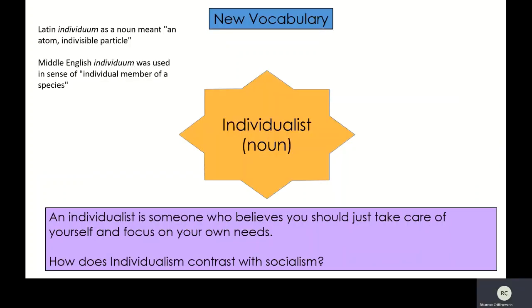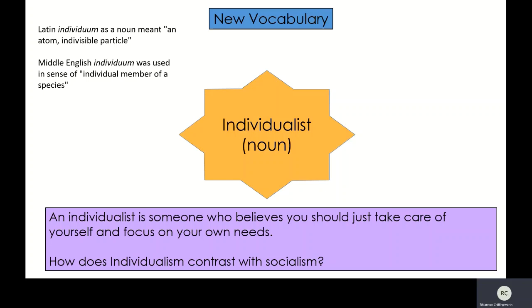An individualist is someone who believes you should just take care of yourself and focus on your own needs. Think about how an individualist might contrast with someone that believes in socialism. Essentially, individualism and socialism are completely opposite.